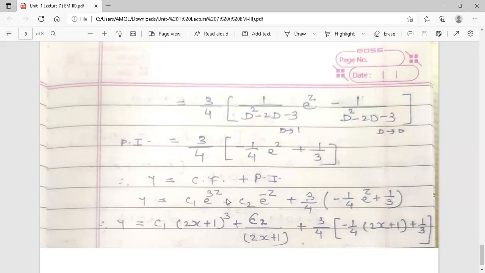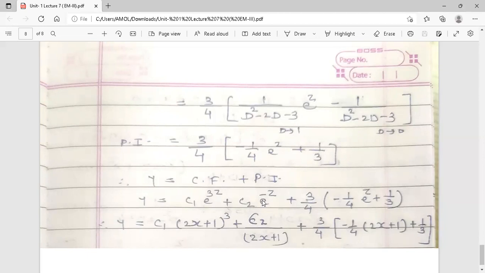So the first term c1 e raised to 3z means c1 into 2x plus 1 whole cube, plus c2 e raised to minus z means 1 upon e raised to z, and e raised to z is 2x plus 1, so in the denominator the term is 2x plus 1. Plus 3 by 4 in bracket minus 1 by 4 as it is. e raised to z means 2x plus 1, right here 2x plus 1, plus 1 by 3. So your answer is in terms of x and y.